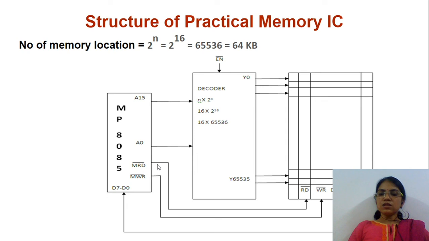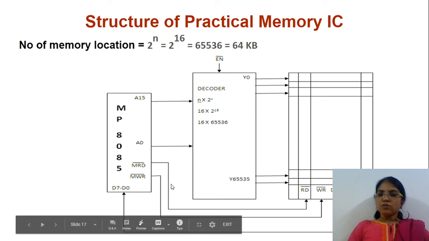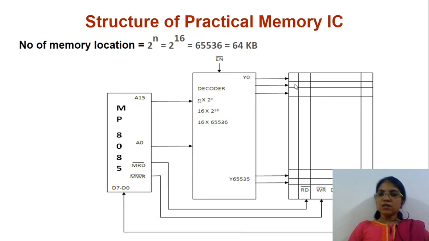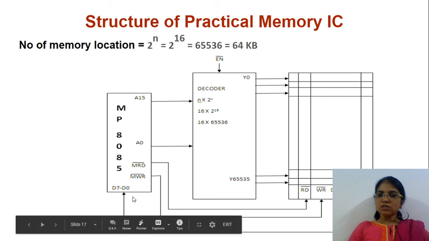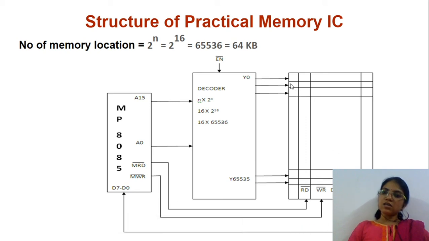Sorry, in a writing operation, after selecting the specified memory location, data is transferred on D7 to D0, and after that, next we give the writing signal to the memory, and then the data is written into that particular memory location.